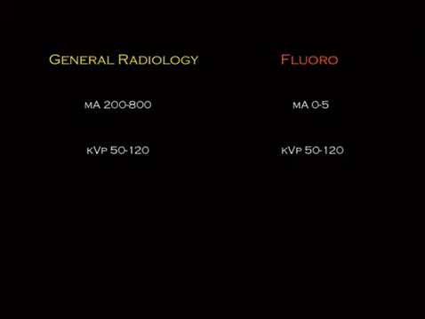Now, the focal spot for fluoro is relatively smaller. It's not as small as the mammo focal spot, but it is smaller than a regular diagnostic focal spot. And the reason that it's done is to limit geometric blurring. Now, a larger focal spot is still used for the spot image, which is basically a regular X-ray, and that's because when you use a regular X-ray, you're using a regular current.